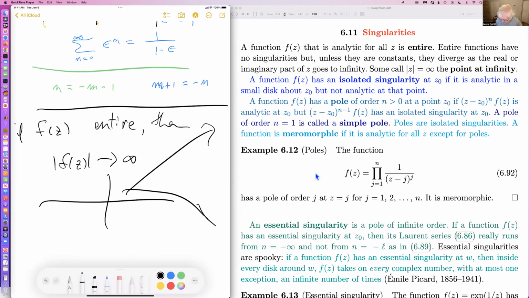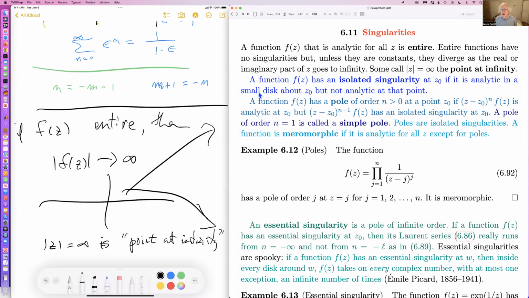Now, depending on what f of z is, you'd have a different direction typically. And some people say, well, z equal to infinity is the point at infinity. I've never liked that expression, but people use it anyway.